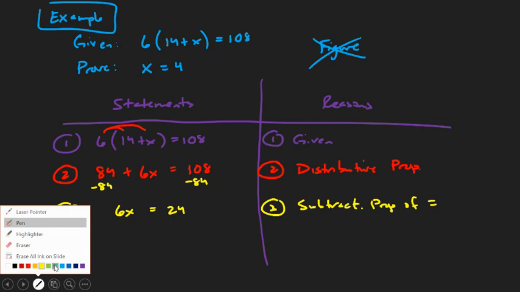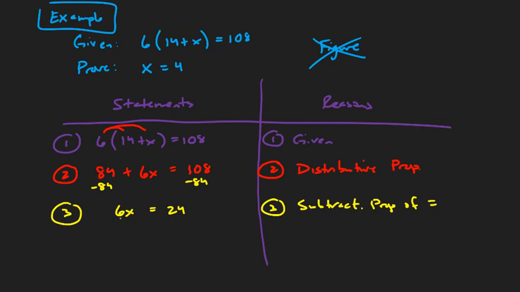And now the next step you would need to do is divide both sides by 6, because that is 6 times x. So we're going to divide by 6, divide by 6. So the fourth step is going to give you the proof. x = 4, because 24 divided by 6 is 4. And we got what we wanted to prove. Again, the fourth reason is not going to be the word prove. The fourth reason is what you did to get from step 3 to step 4.